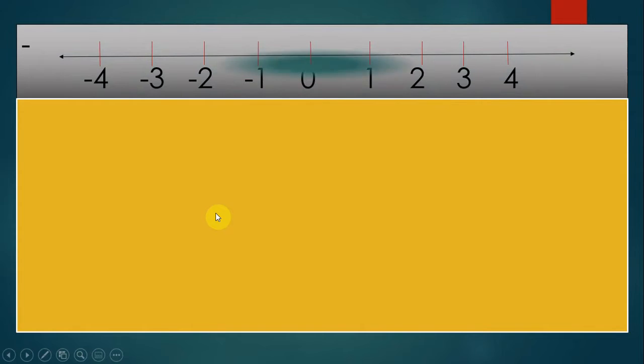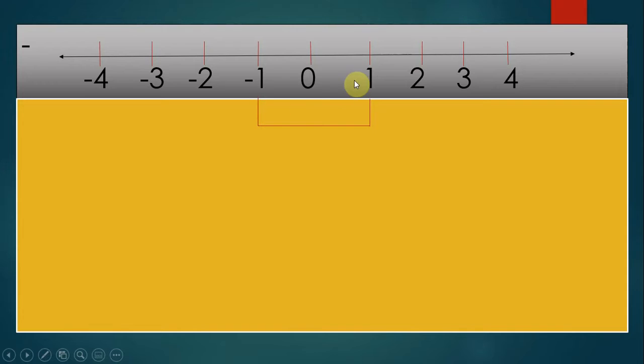Okay, here is a number line. If I'm not mistaken, this is found in my previous video. Zero is the center, and at the left side of zero are negative numbers, and at the right side of zero are positive numbers. Now, -1 and +1 are opposite numbers.